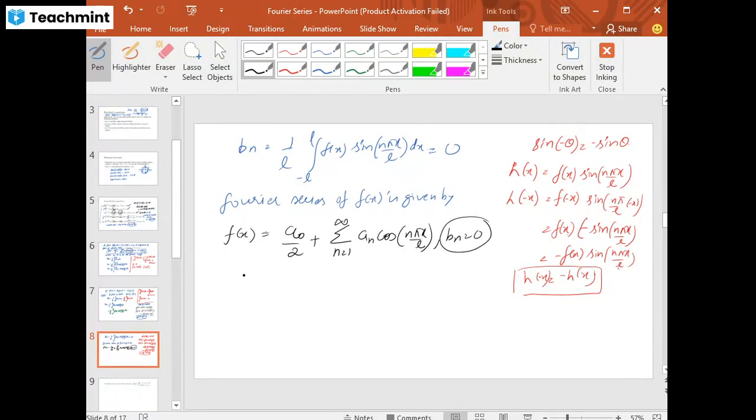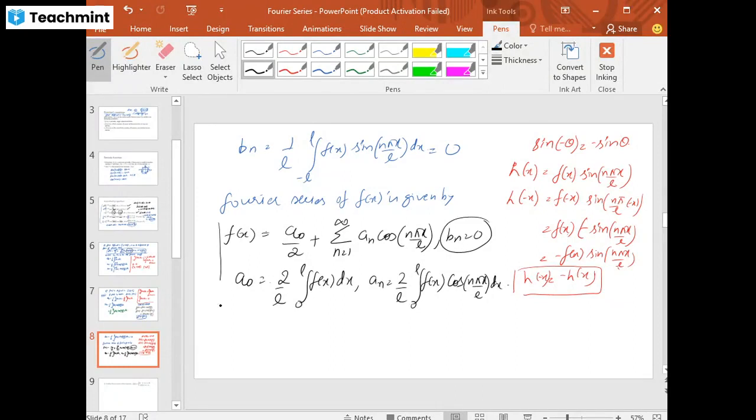And what is the value of Fourier coefficient A naught? A naught is 2 upon L, 0 to L f of x dx. And the value of the Fourier coefficient An is 2 upon L, 0 to L f of x into cos n pi x upon L dx. And obviously the value of Bn is 0.